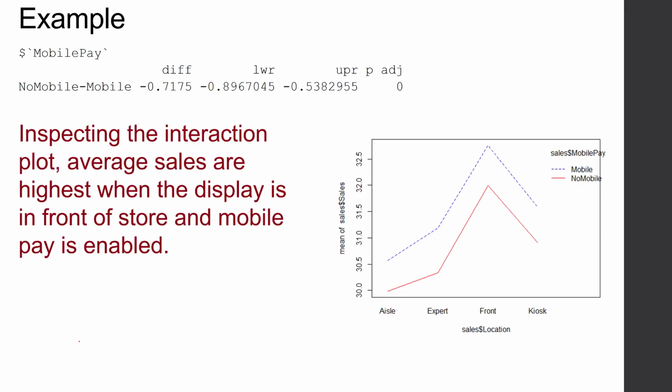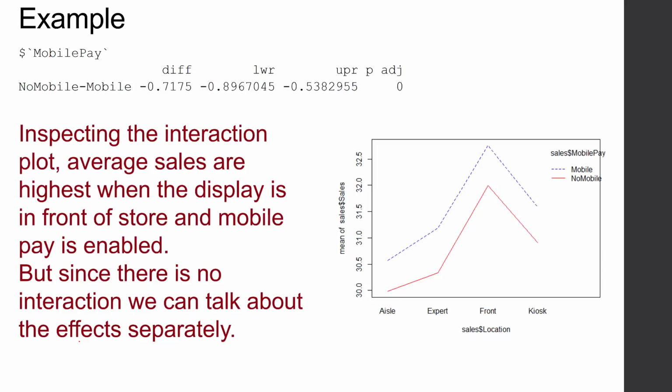And we can look at the interaction plot. We can see that average sales are highest when the display is in front of the store and mobile pay is enabled. But since there is no interaction, we can talk about these effects separately. Maybe this chain is really expensive to offer mobile pay, and maybe the actual amount they're gaining from it isn't worth allowing it.